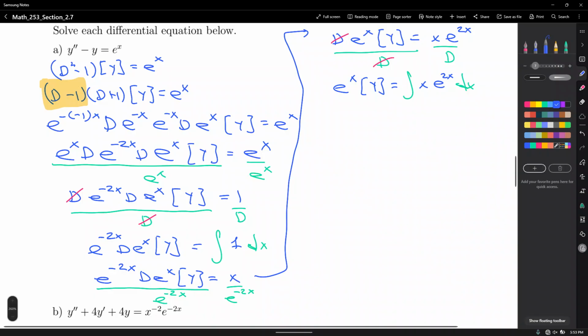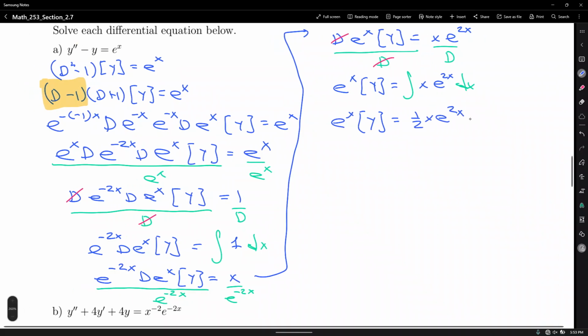Integration by parts, right? I'm going to skip the process. You guys at this point are experts in integration by parts. So e to the x acting on y equals 1 half x e to the 2x minus 1/4 e to the 2x. That'll be the result of the integration by parts. Okay, what do we do next? Finally, to get the y by itself, divide by e to the x.